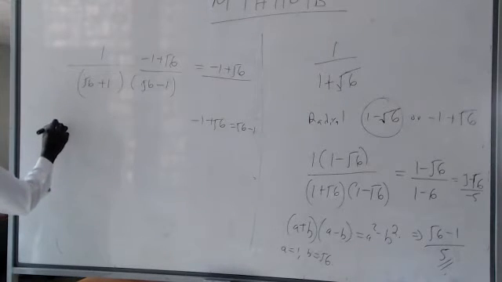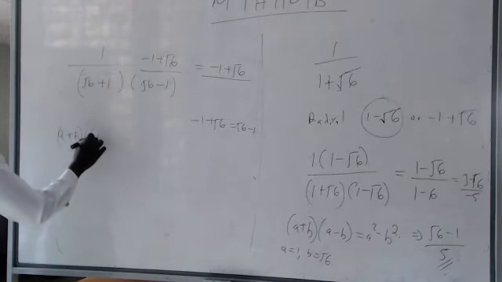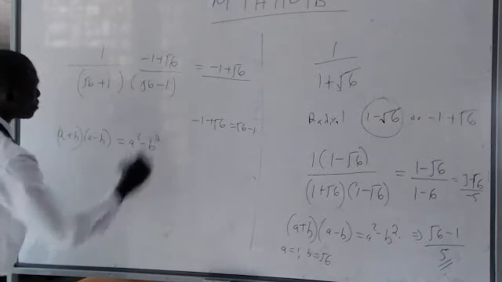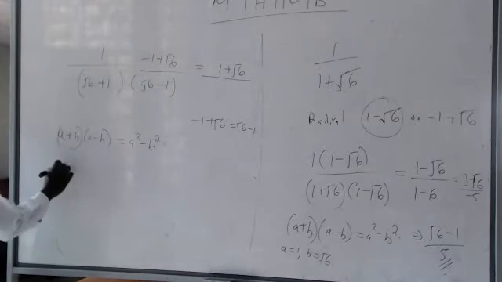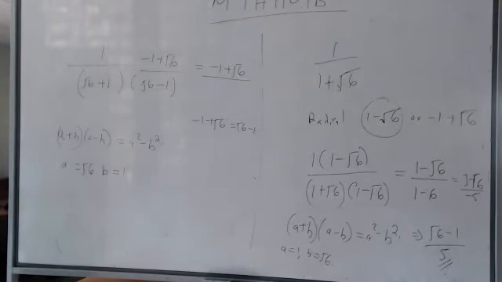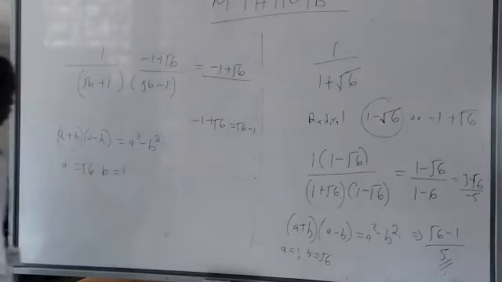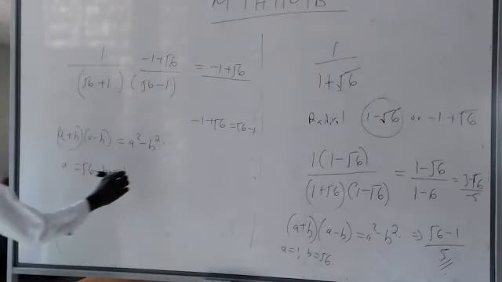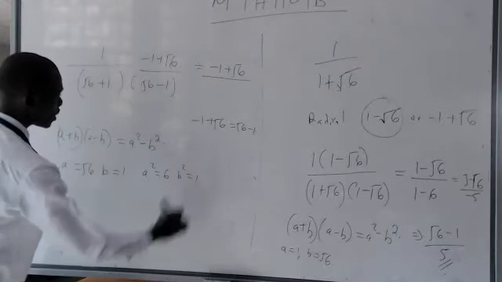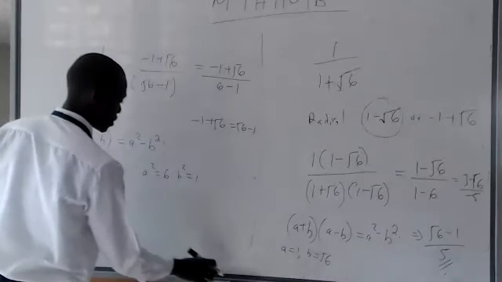Now, I need to use the identity that A plus B times A minus B is going to be A squared minus B squared, choosing A to be root 6 and choosing B to be 1. So here we should have A squared minus B squared. Well, when A is root 6, of course, A squared will be 6. B squared is still 1. So here I will have 6 minus 1.